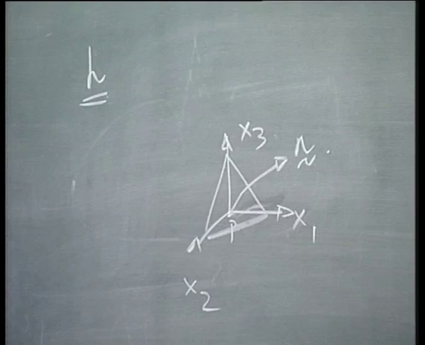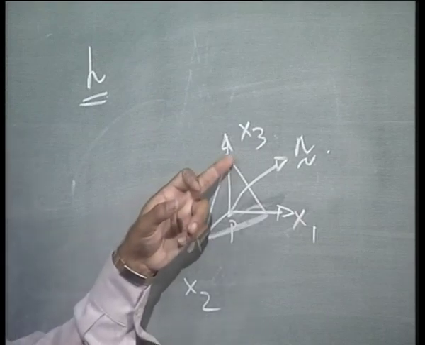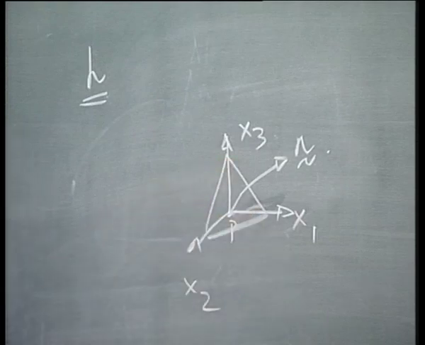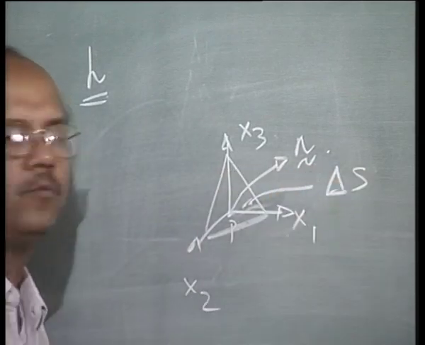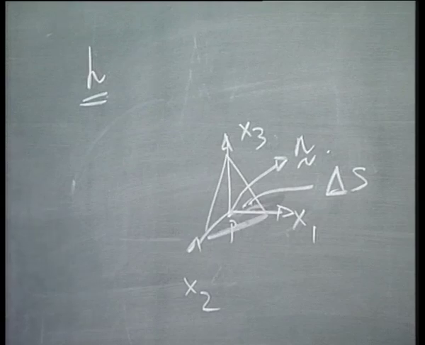Is that clear? Now, let me say that the area of this plane which I have taken to construct this tetrahedron be delta S. The same concept as before. Only thing is I have just shifted it a bit. Yes, I know you have an objection. So, let me look at the result as h tends towards 0.